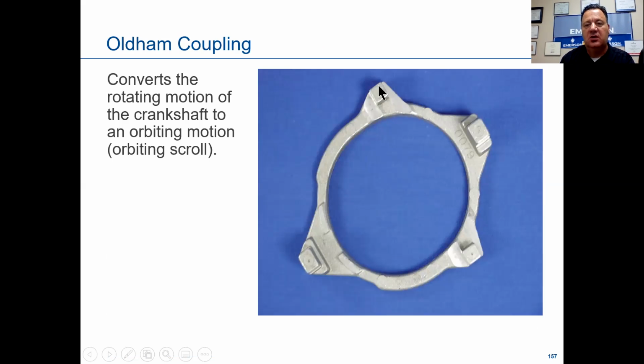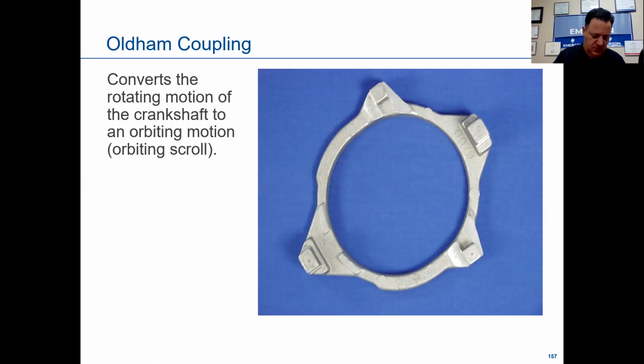Let's say this is the orbiting scroll on these two pegs. This is the fixed scroll on these two pegs. And it keeps it from going out of alignment. I'll show you, put this together here a little bit. There we go.